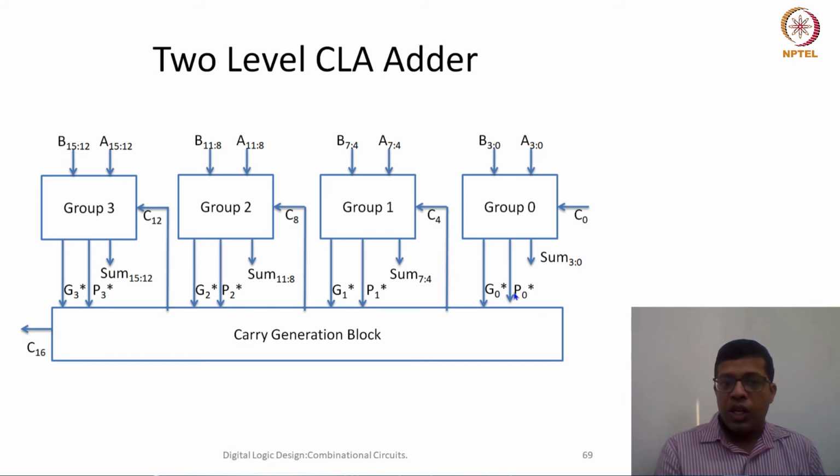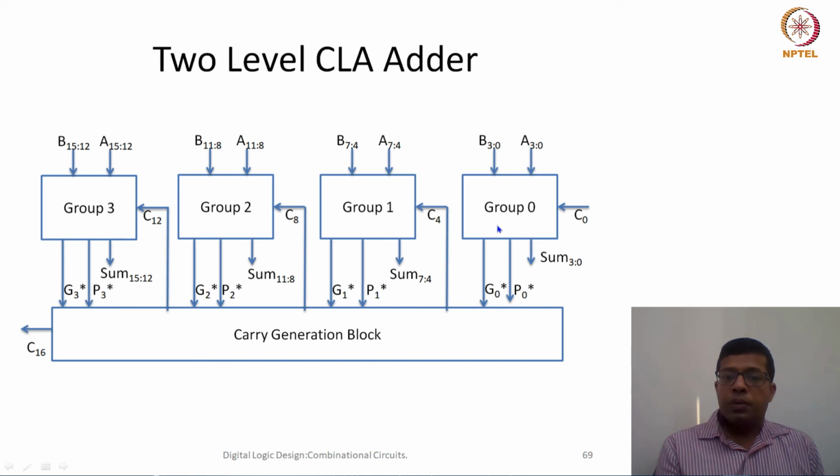But for now, let's try to understand that for each group, there is whether there would be generation from this particular group or not, and whether there would be propagation. So if there is a carry here, whether it would be propagated as C4 or not. That would be group propagate, and similarly group generate would be whether there would be a carry at this particular stage or not, so whether there would be a carry at C4 or not.